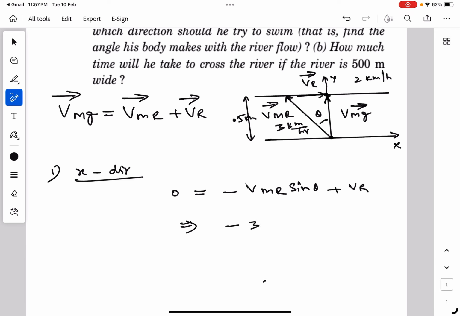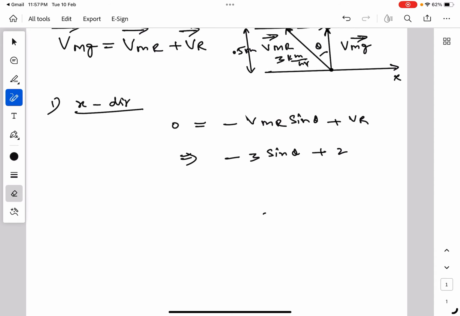Vmr is 3 sin theta and Vr is 2. So this will give us sin theta equal to 2 upon 3. This can be written as theta equal to sin inverse 2 upon 3.